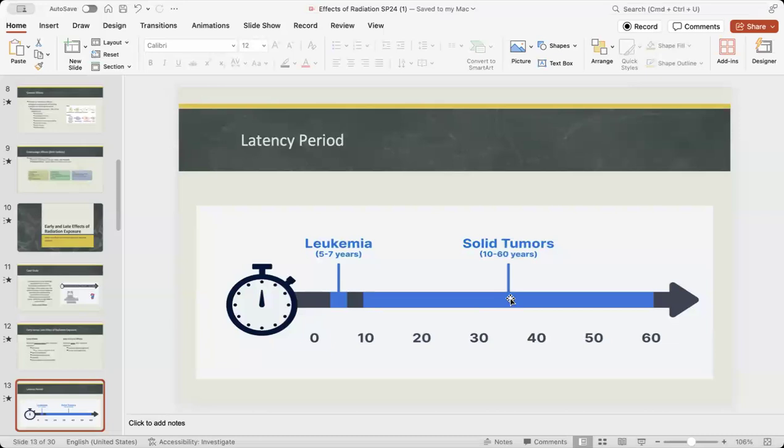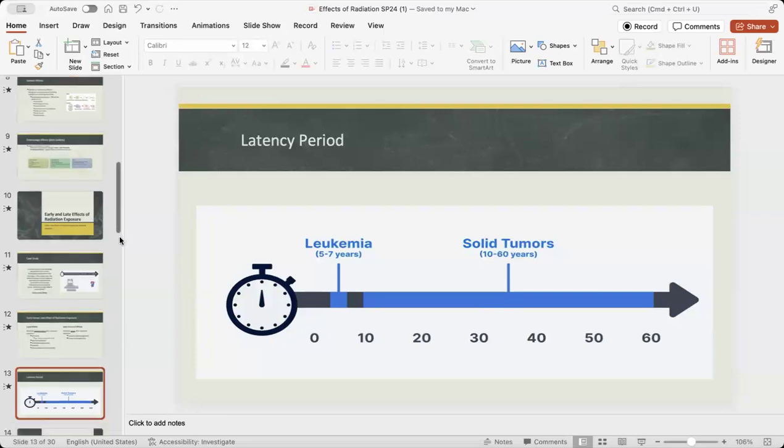On down the line, 10 to 60 years after the exposure, you may end up with some type of tumors or some type of cancer. Like I said, there's really no way for us to know and for us to tell.